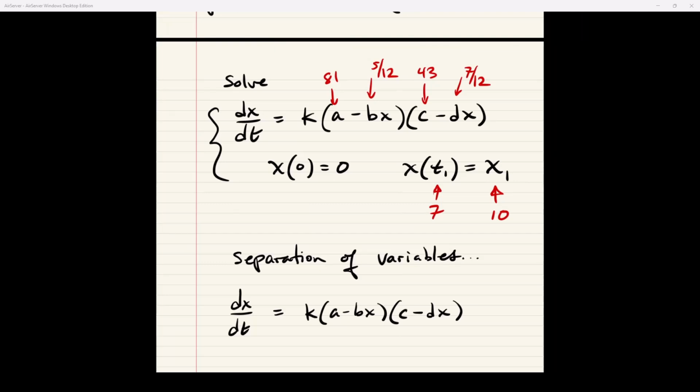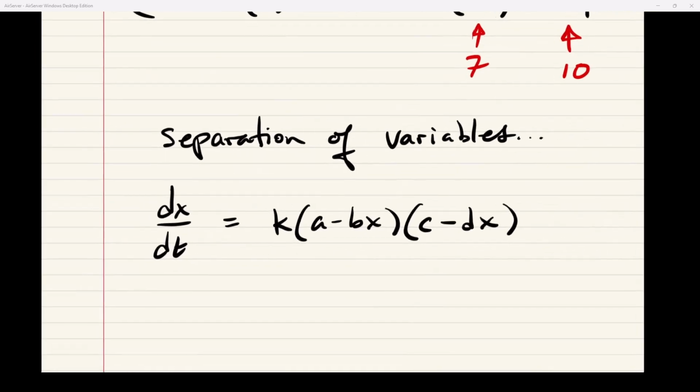Okay, so let's now focus on solving the differential equation, looking back at this general form. By the way, notice that it's an autonomous equation, which means there is no t on the right-hand side. So we could actually find critical points at this stage.